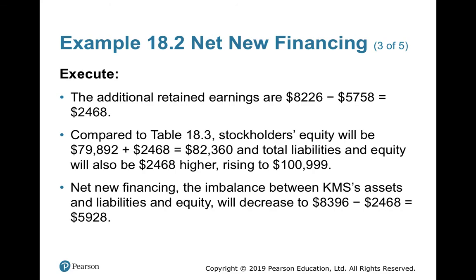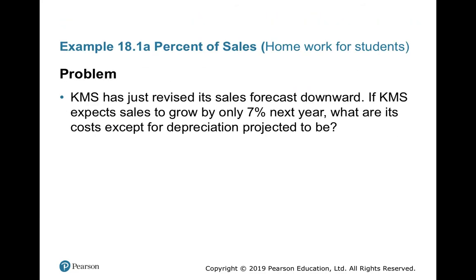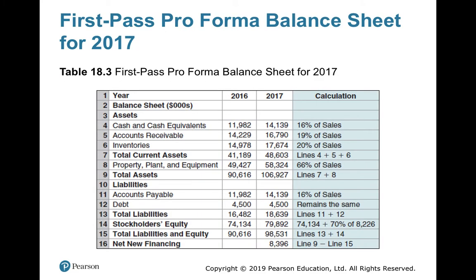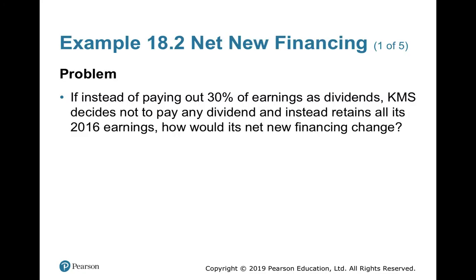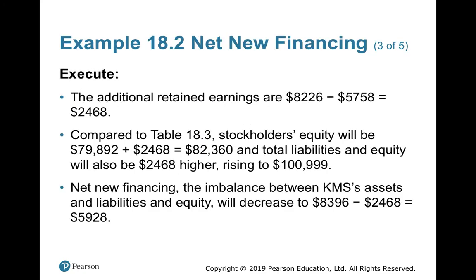Now the company needs additional money of 8,396. So instead of borrowing this 8,396, the company has decided that whatever dividend we were paying, 2,468, that also we will keep in the business.